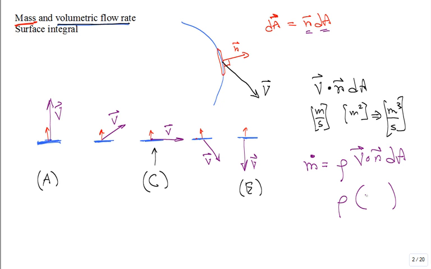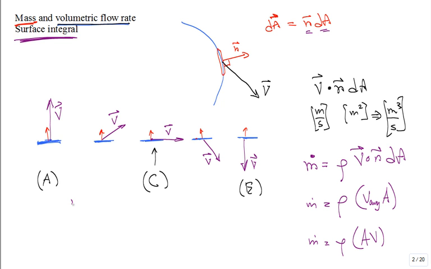I like to use V average times A, or just AV as the volumetric flow rate. So this would be the mass flow rate. So if I wanted to calculate the mass flow rate across or through that opening, that's how I would do it. If you wanted to sum them all up, you'd do the surface integral, and we've talked about that before.